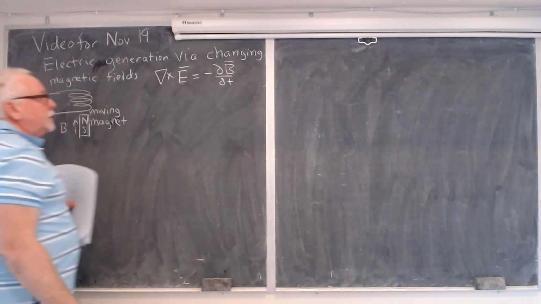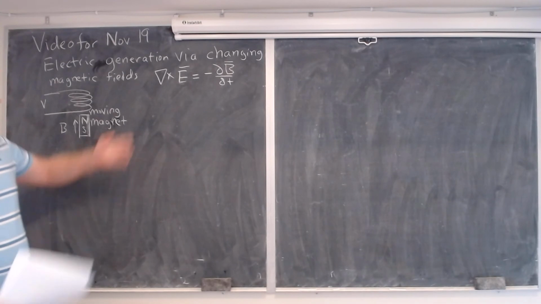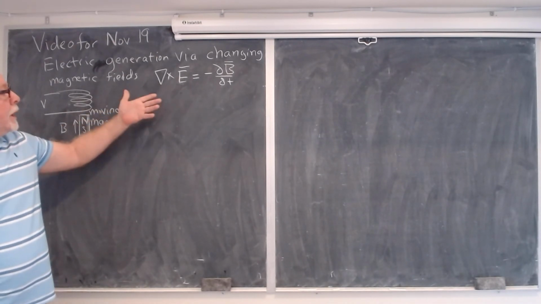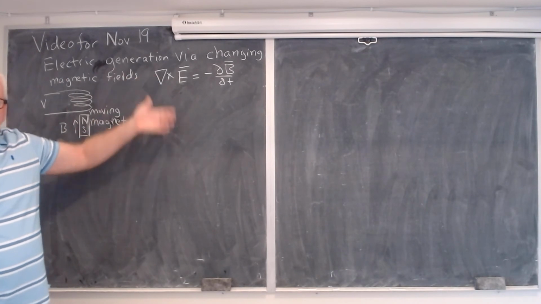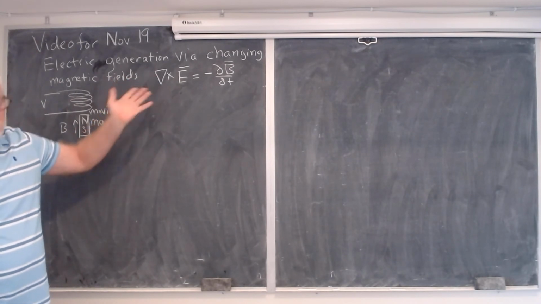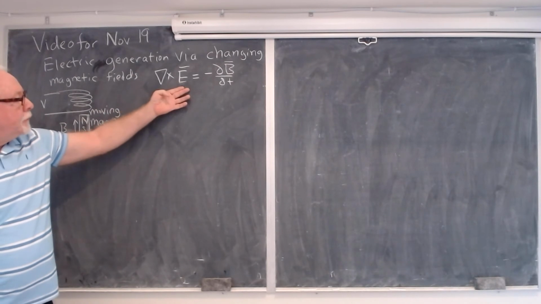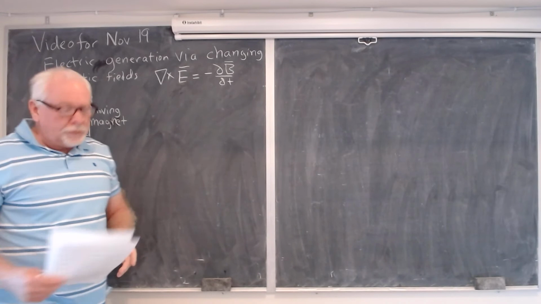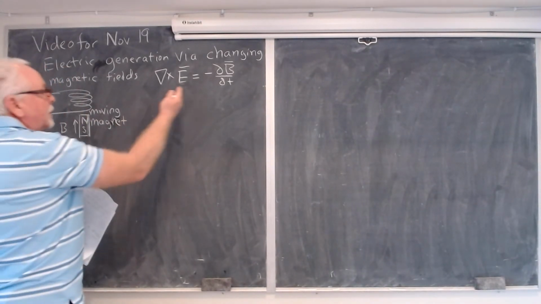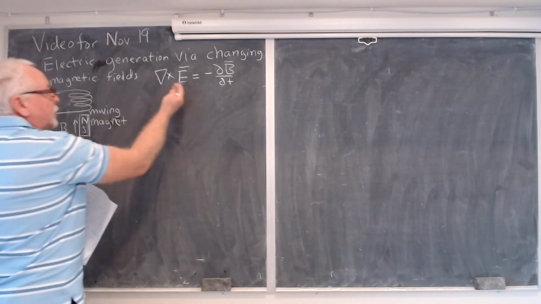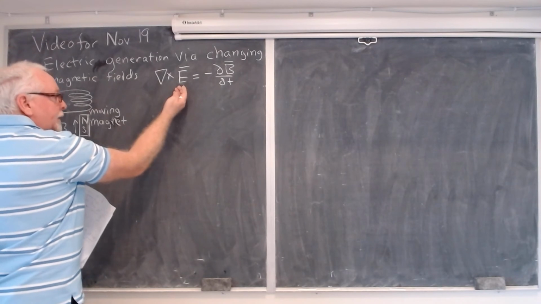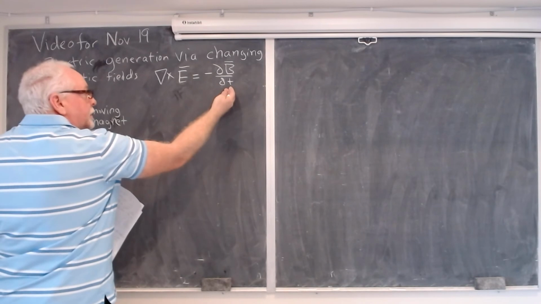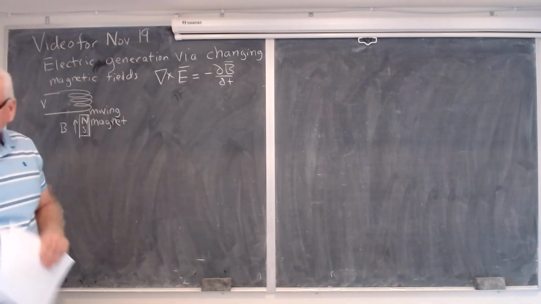What it basically represents is that on this side you have a space derivative, a derivative with respect to x, y, and z of the electric field. And on this side you have a time derivative of the magnetic field. So what it's saying is that the derivative of E with respect to space is related to the time rate of change of the magnetic field.